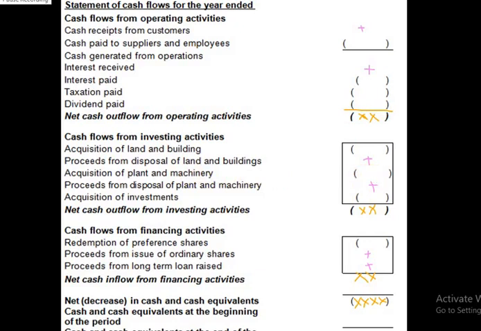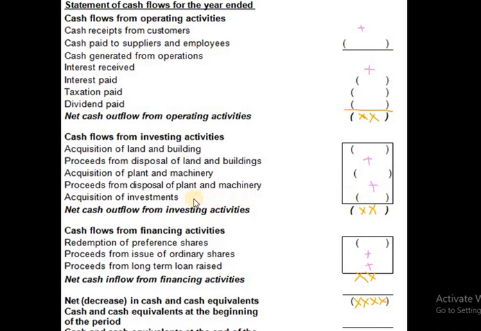Before we do the T accounts, I just want to draw your attention to the investments. Investment is also a non-current asset. So if there's an acquisition of investments, it means that cash was taken from our bank account and it was invested in, say, a fixed deposit of ABC Bank, and some cash was flowing out, therefore brackets.